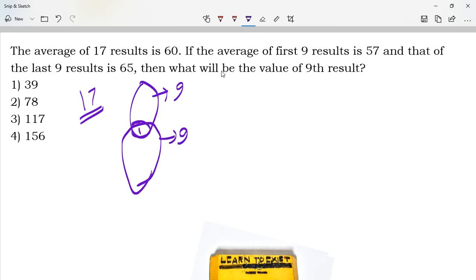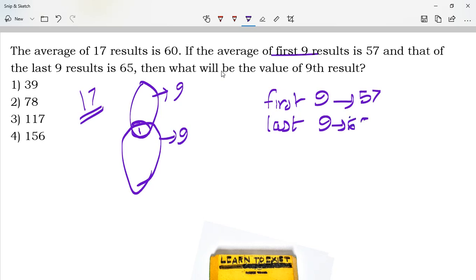However, if I am taking the two groups together, which means the first 9 and the last 9, the first 9 has an average of 57, the last 9 has an average of 65. So we can say all these 18 numbers together will have an average of 57 plus 65 by 2, which will be 61.